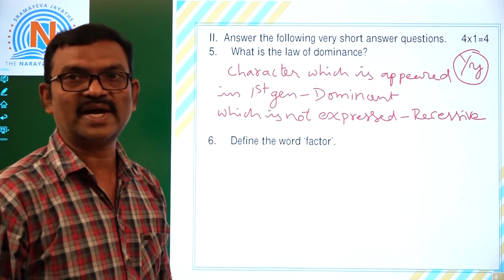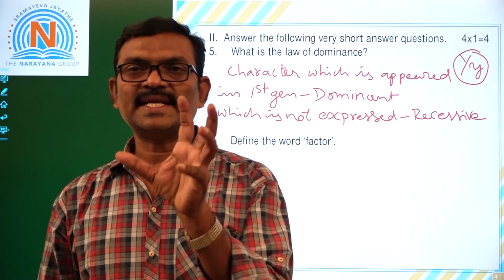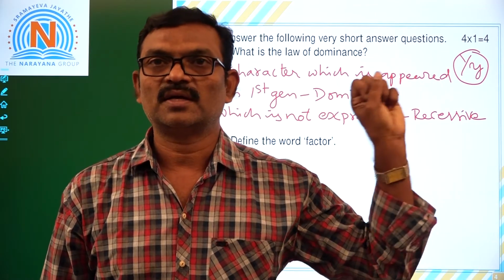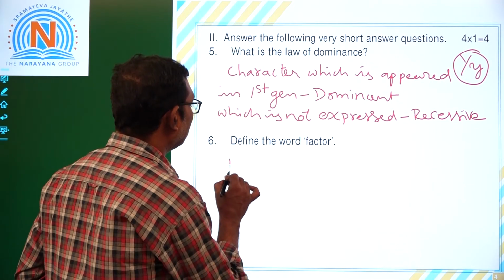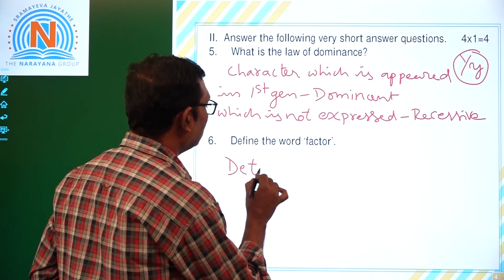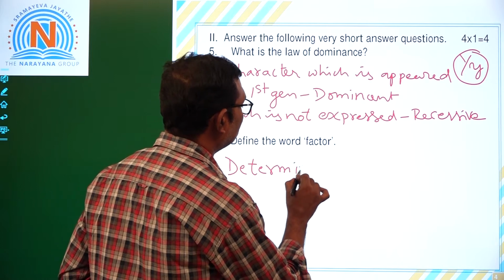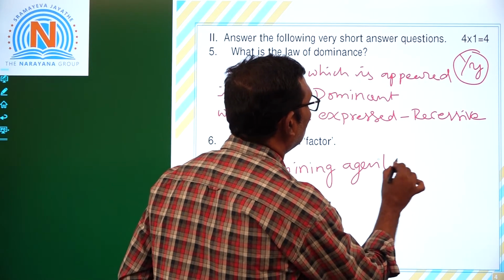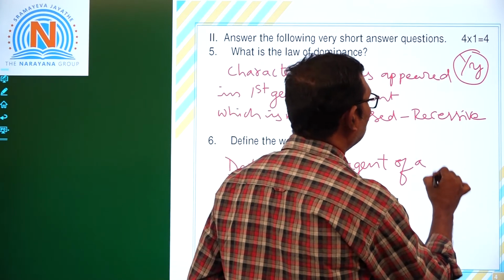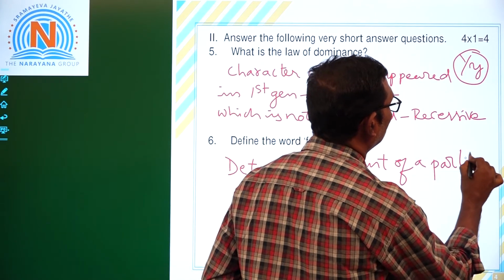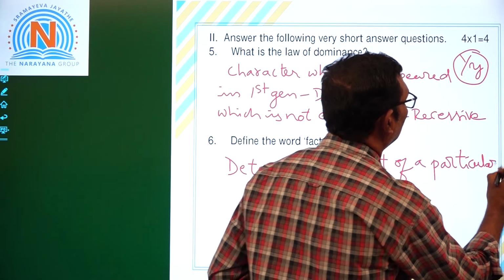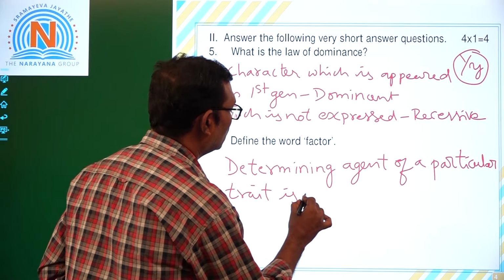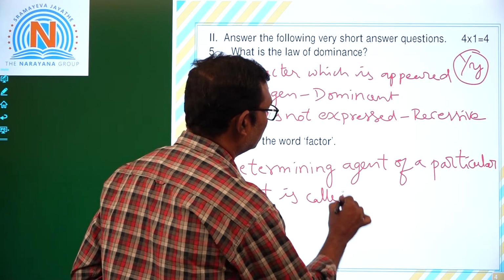Define the word factor. The determining agent of a particular trait is called a factor.